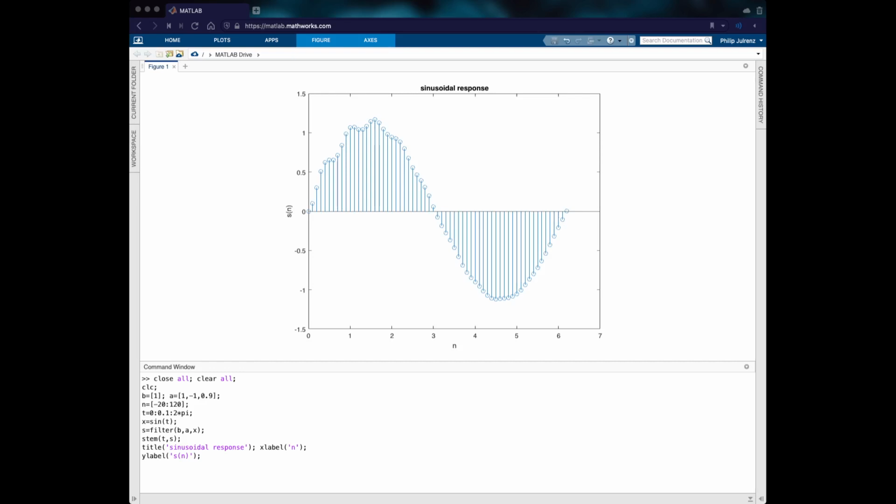T is from 0 up to 2 times pi with an increment of 0.1. X is the sine of T, and S is the filter of b, a, and x. So we use stem to plot the discrete sequence data n and S. The title would be Sinusoidal Response with an x label of n and a y label of S of n.